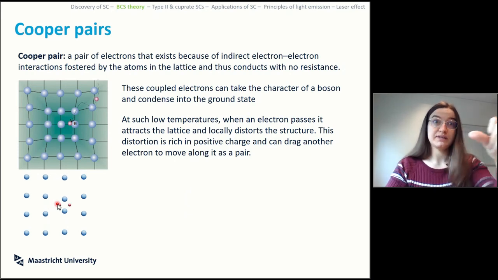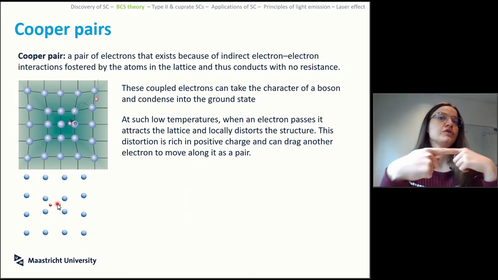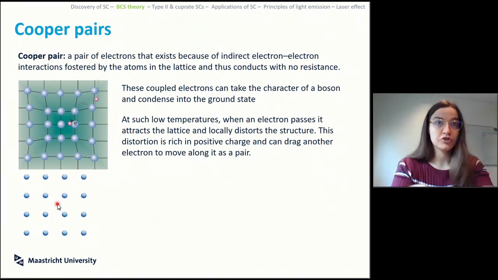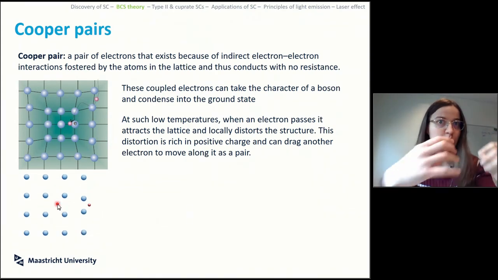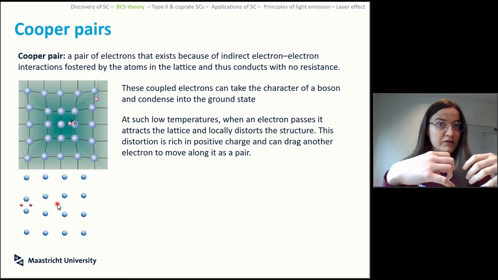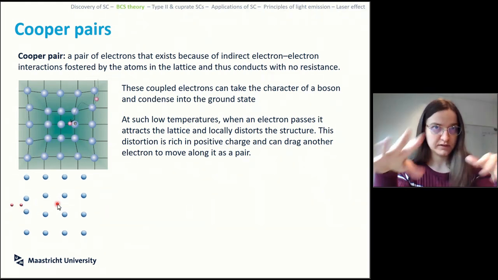So when you pass an electron, two electrons will actually bound together, because this distortion of the lattice will create a preferential path, so it's easier to conduct two electrons together than it will be to just conduct one and have this weird distortion.